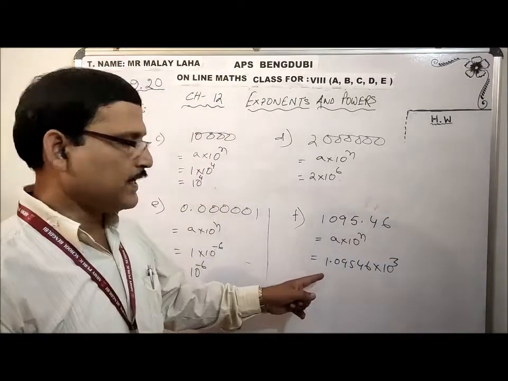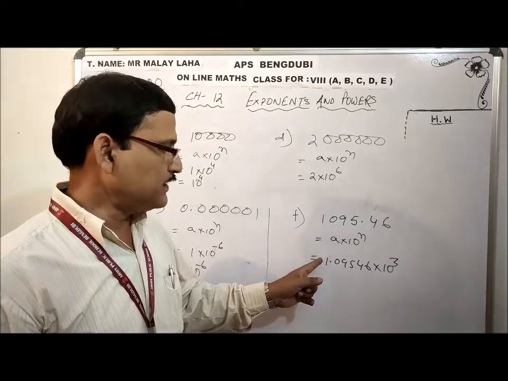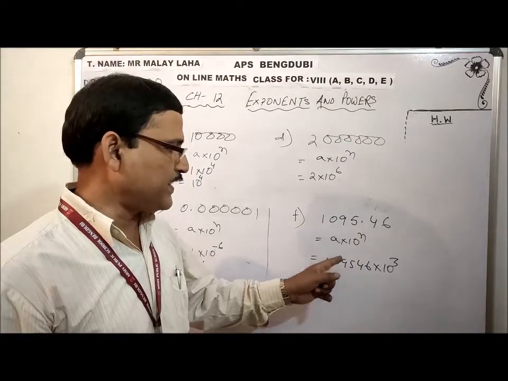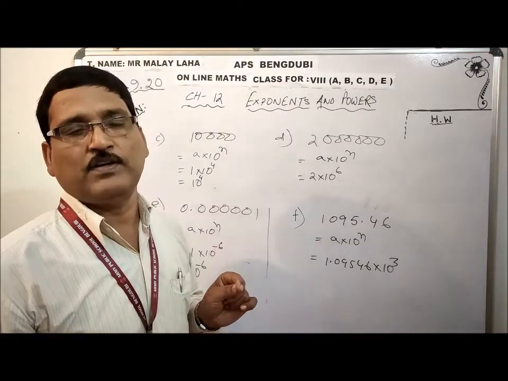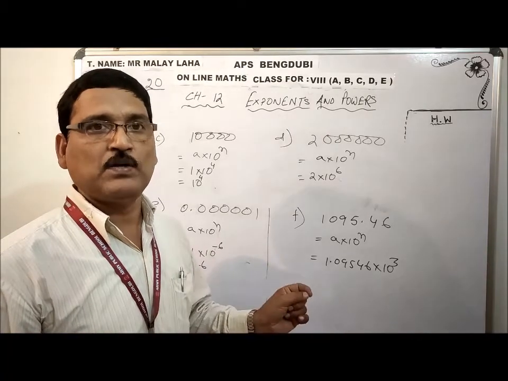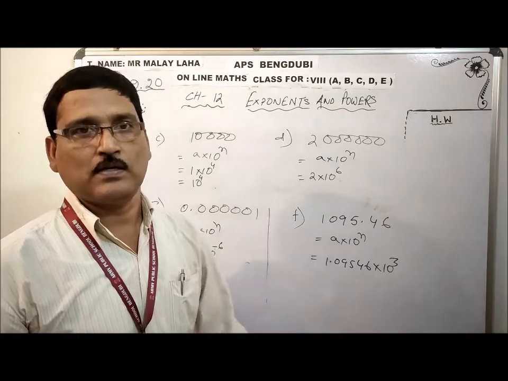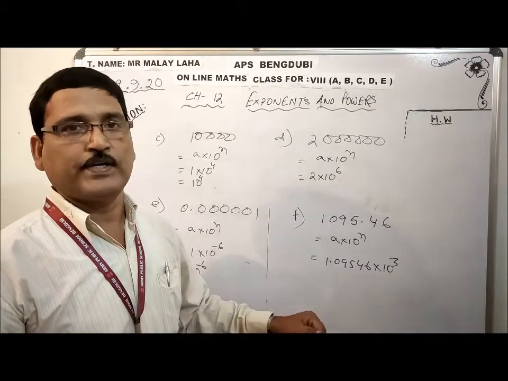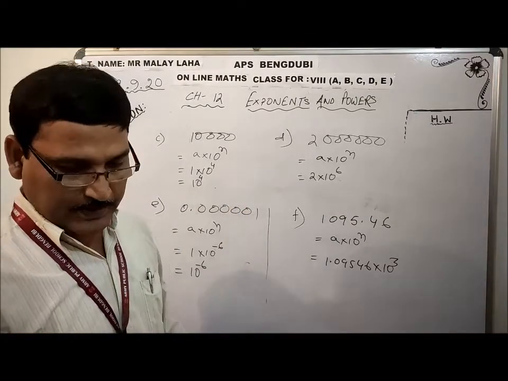Now you say, shall I remove this one now? No, because it is more than 1. 1.095 is more than 1. If it is only 1, then only you can remove that one. But if it is more than 1, like 1.1 or 1.001, you cannot remove it. We have to take that part also. So that's why I am giving you these different examples.